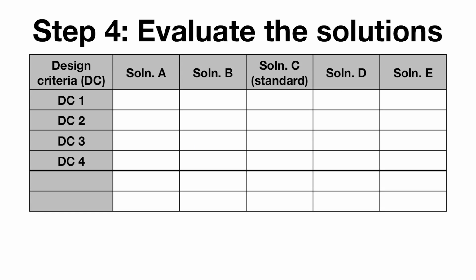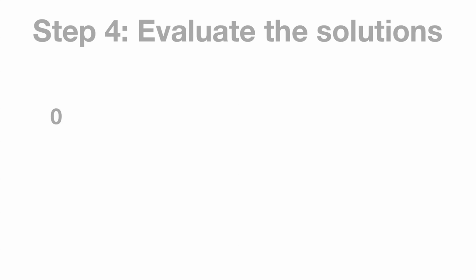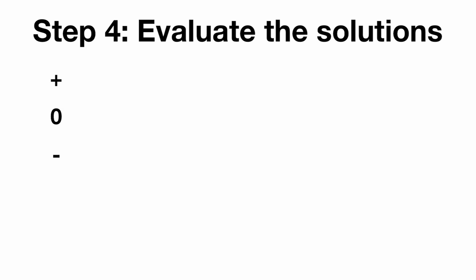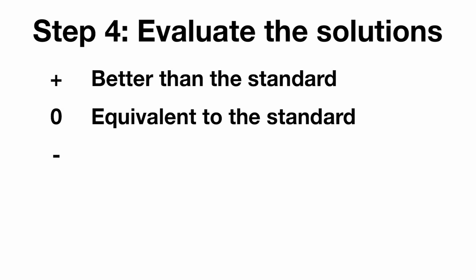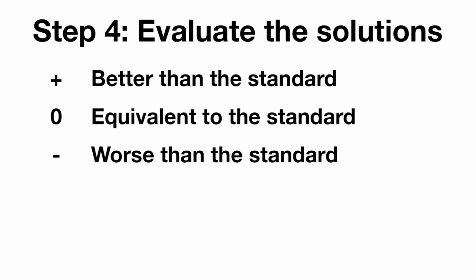The fourth step is to fill in the screening Pugh matrix using plus, minus, and zeros. You'll give the standard or reference solution a 0 in all the design criteria. And then all the other boxes you'll fill in with either a 0, a plus, or a minus. Where a 0 is equivalent to the standard, a plus is better or improved relative to the standard, and a minus is worse than the standard.